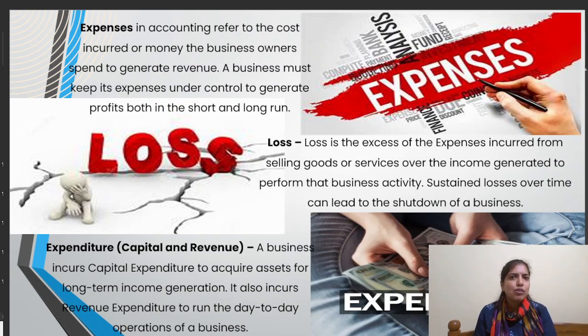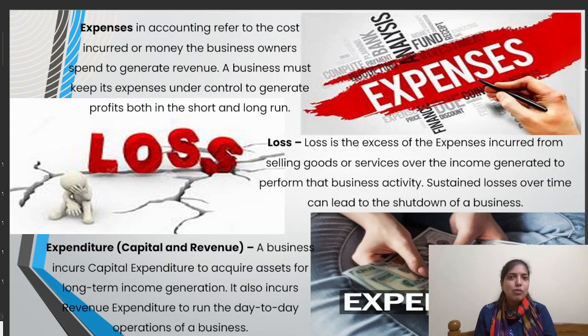Now, if we have made profit, then there are also chances that we meet with losses or expenses. Then what are these? Let us see one by one. Expenses are those costs that a company incurs to run the day-to-day activities of the business. And when the expenses increase over the income, that becomes loss.